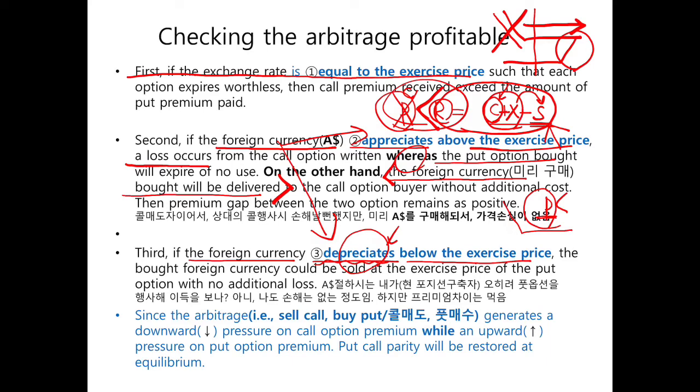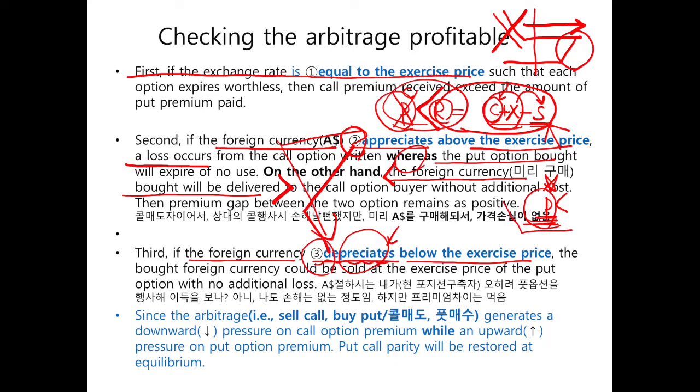But the amount of loss incurred from the long position on this Australian dollar will be exactly covered by exercising the put option. Does it make sense? So there is no additional loss once again. And as I told you, you are risk neutral in these two cases. Appreciation and depreciation, your position is entirely risk neutral, right?